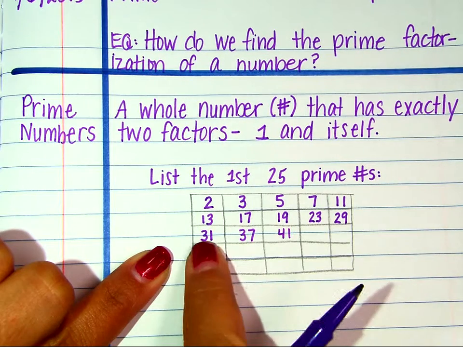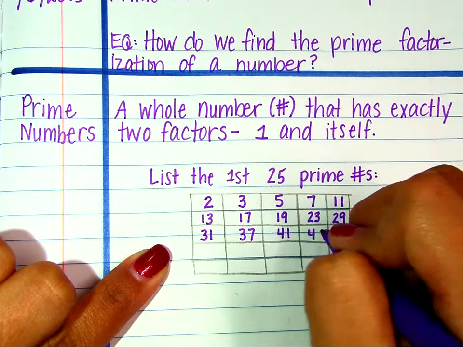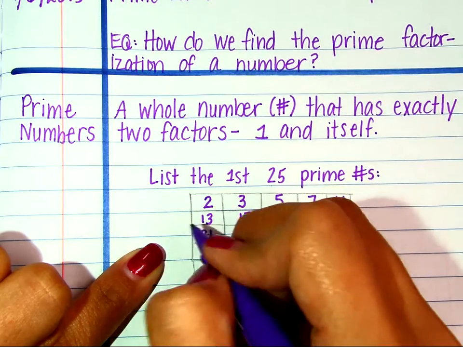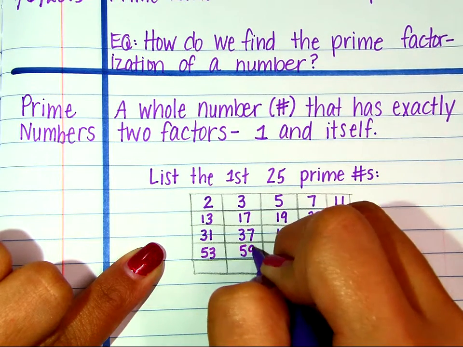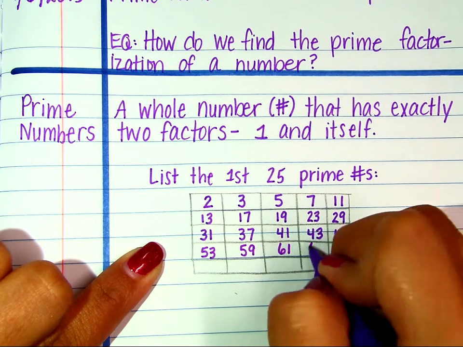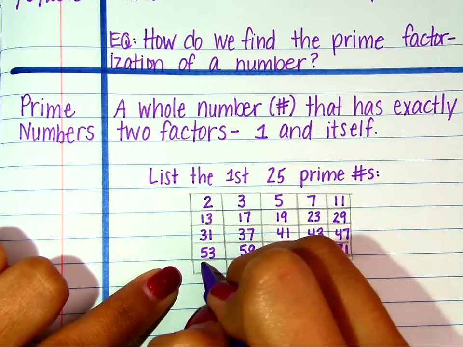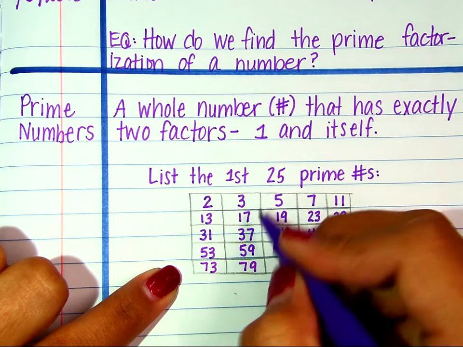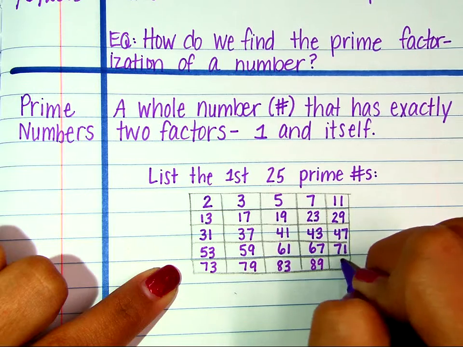So we have 31, 37, 41, 43, 47, 53, 59, 61, 67, 71, 73, 79, 83, 89, and 97.